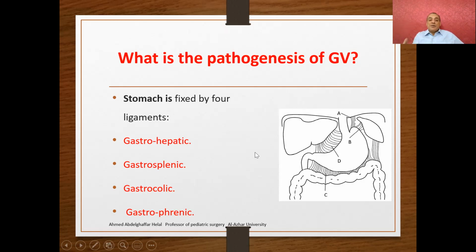However, despite this ligamentous attachment, the stomach can rotate. It seems to be unlikely because this ligamentous attachment fixes the stomach in its position. However, we can observe that rotation of a normal stomach may happen during percutaneous endoscopic gastrostomy placement.